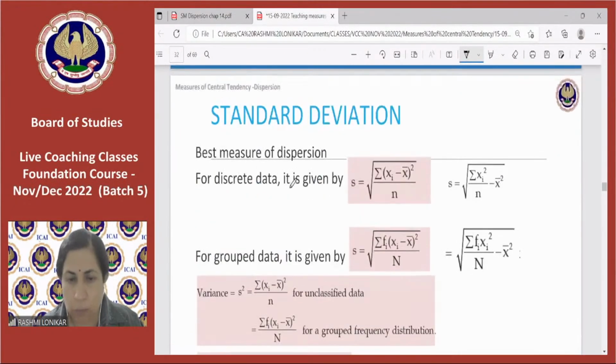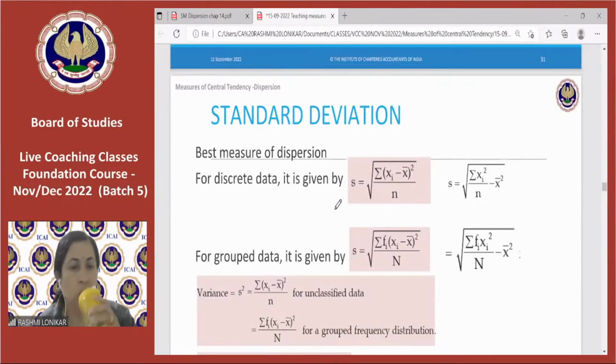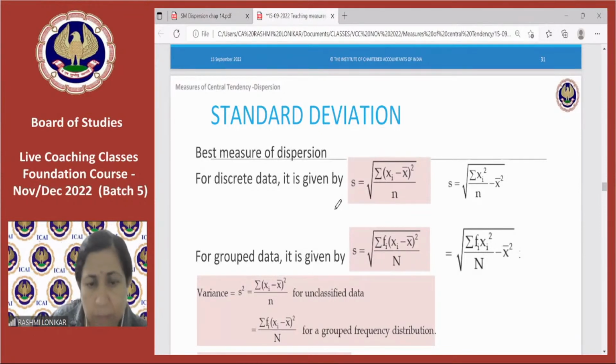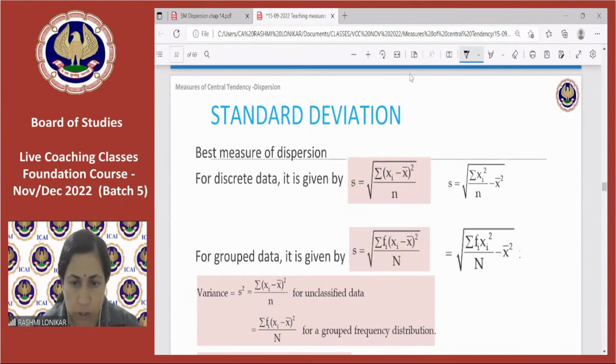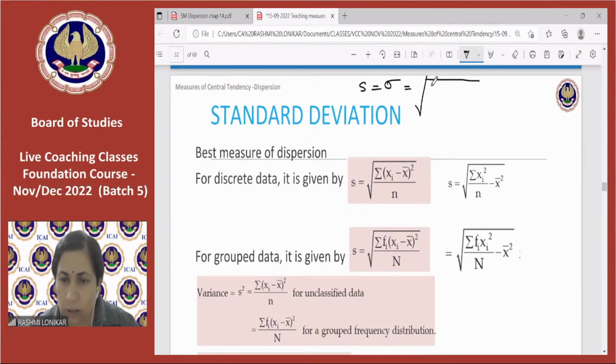Then coming to an important thing, that is standard deviation. It is the most used measure of dispersion. For discrete data, it is given by, sometimes you will have this symbol, sometimes this symbol, equal to the square root of summation of (x minus x bar) the whole square.